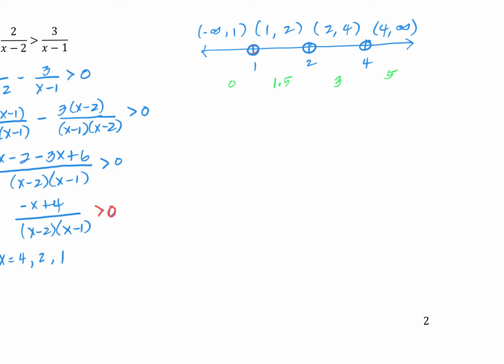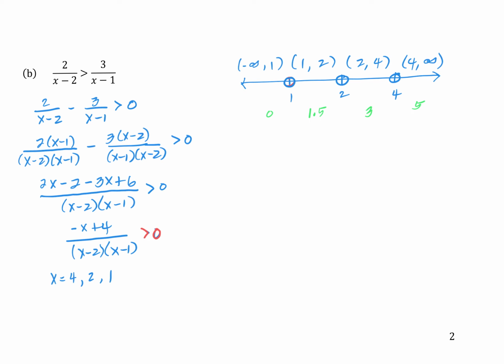If I put 0 into the original inequality, you'll get 2 over negative 2, which would give you a negative 1. Is that greater than, if you put in 0 for x, you get a negative 3? So is negative 1 greater than negative 3? Yes, it is. So I can use anything from negative infinity to positive 1.